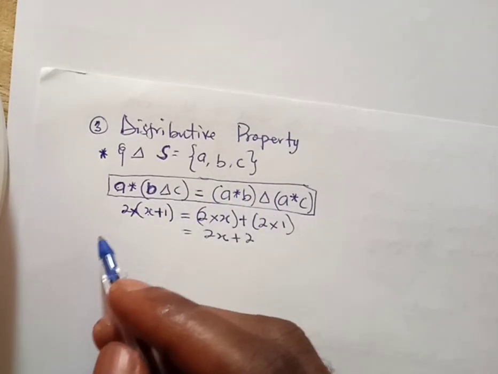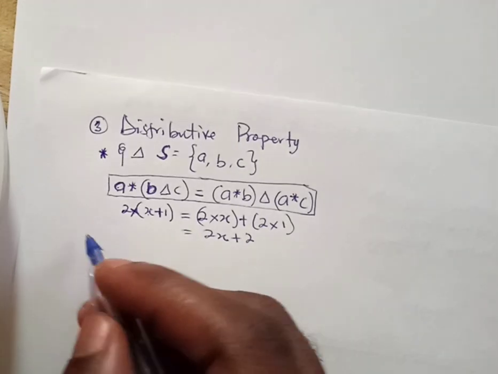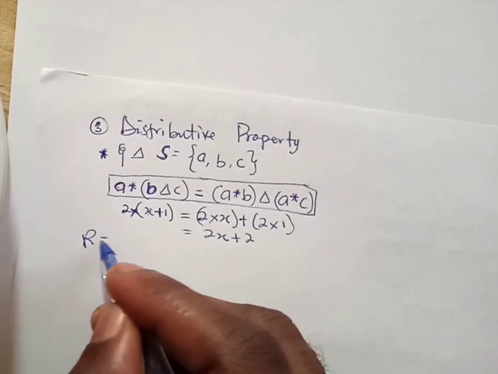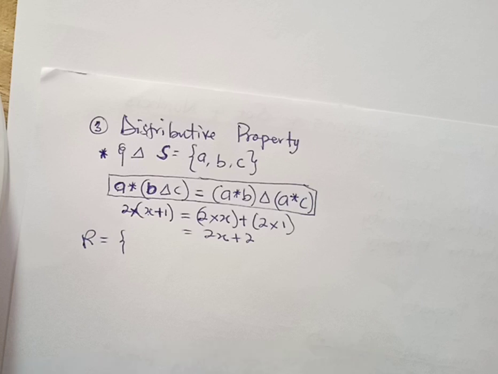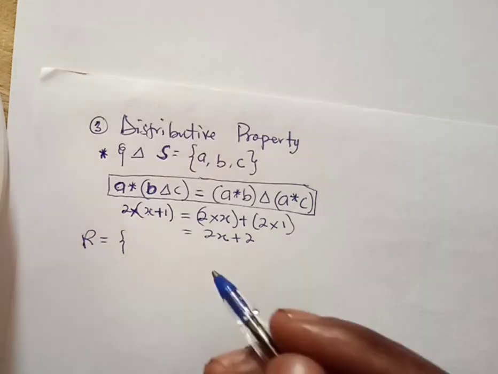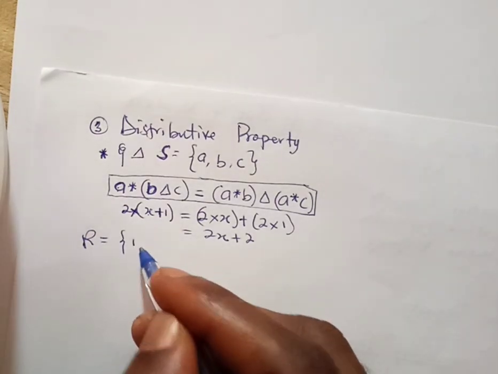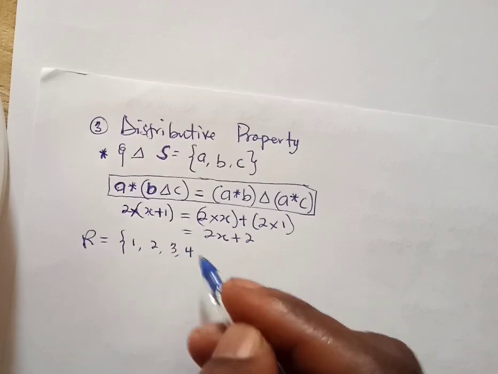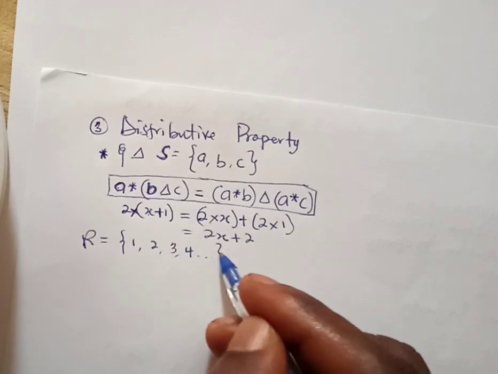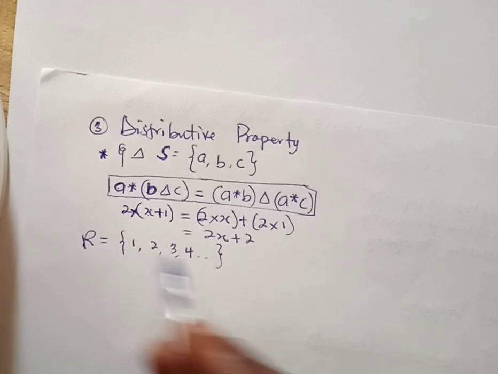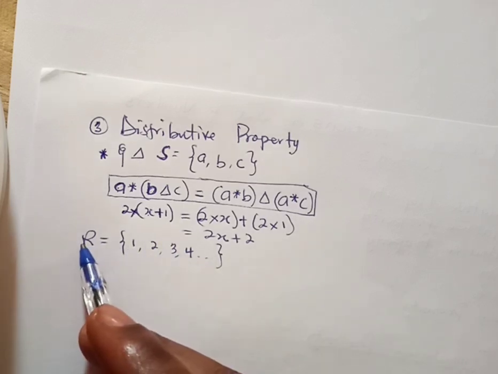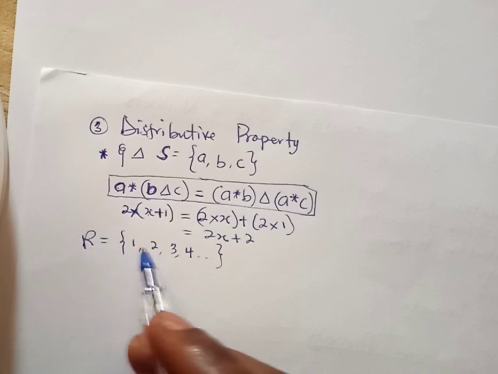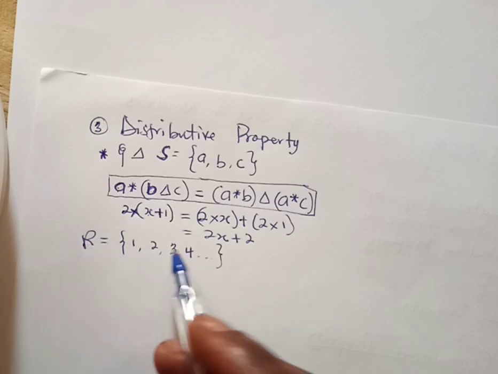So let's pick a set of real numbers. There are a lot of examples of real numbers. So let me use, let's say we have 1, 2, 3, 4. So I'm using only these counting numbers as part of the set of real numbers. All right, great.